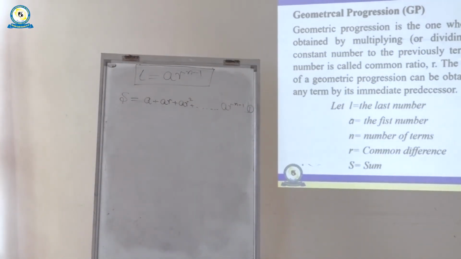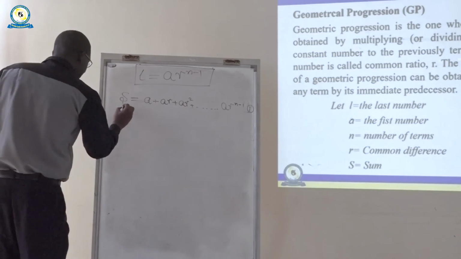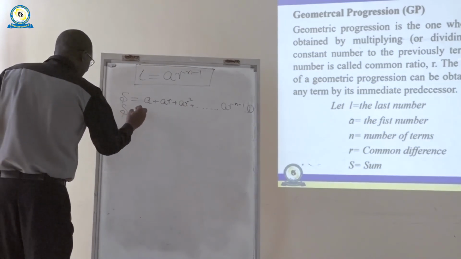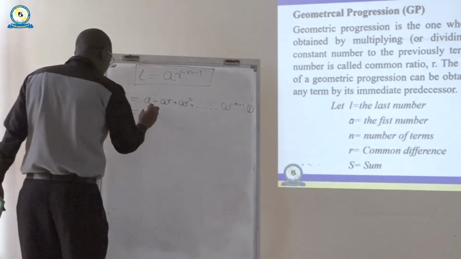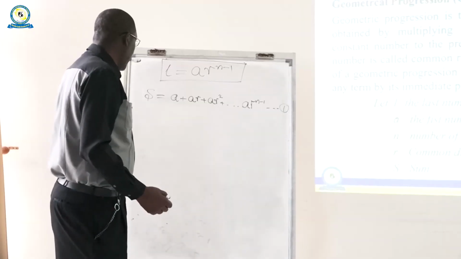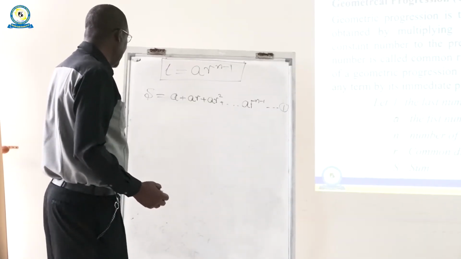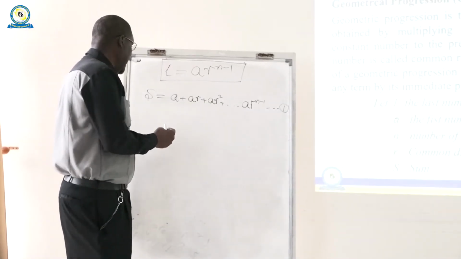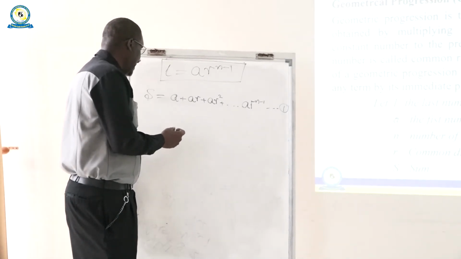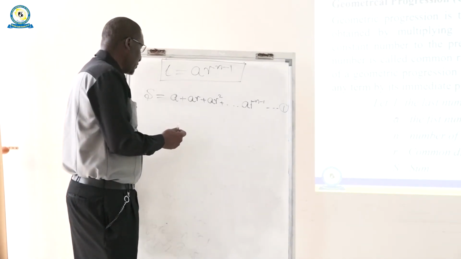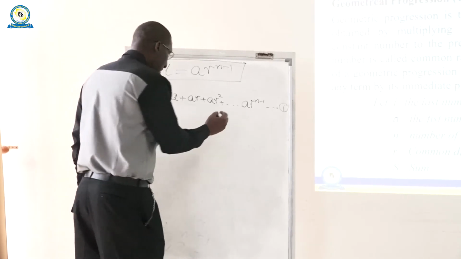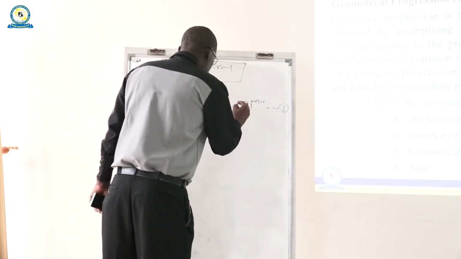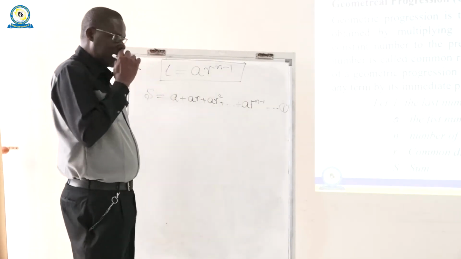Now we copy the equation: S equals A plus AR plus AR squared up to AR raised to N minus 1.